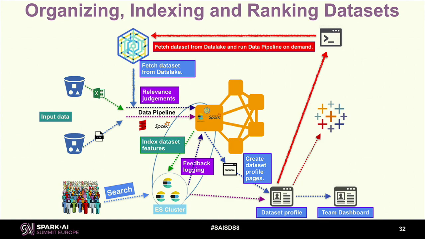So this could be a user wanting to re-index and re-evaluate a data set for relevance, possibly because they reached the data set and it's not relevant for them, but it showed up as one of the first search results. So the user could activate the entire process from the dataset profile page.